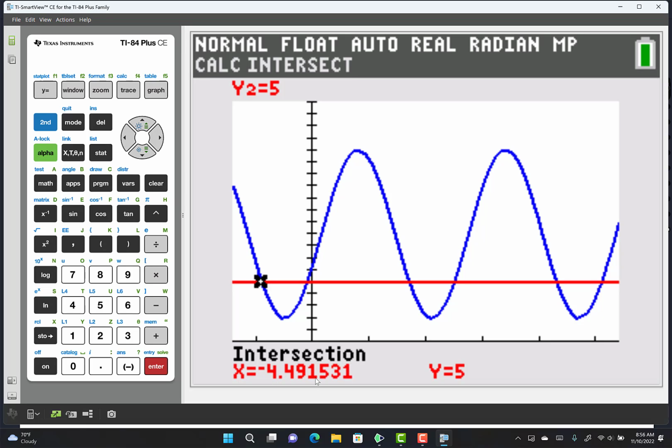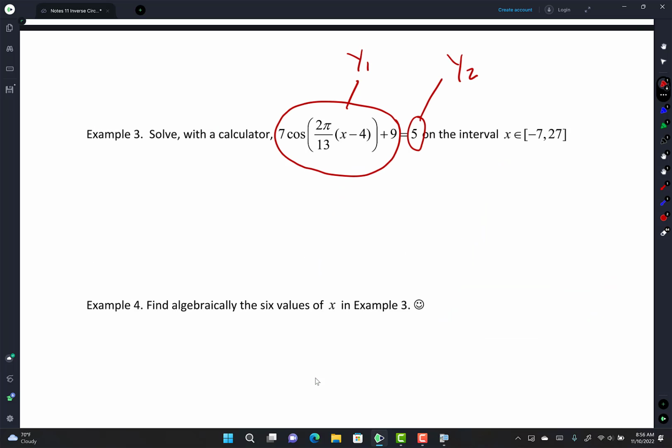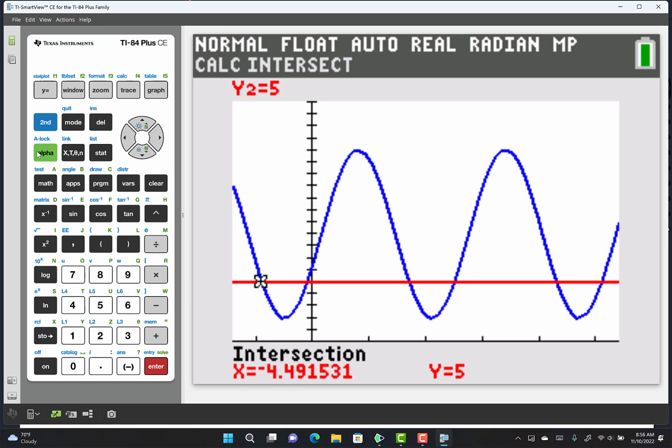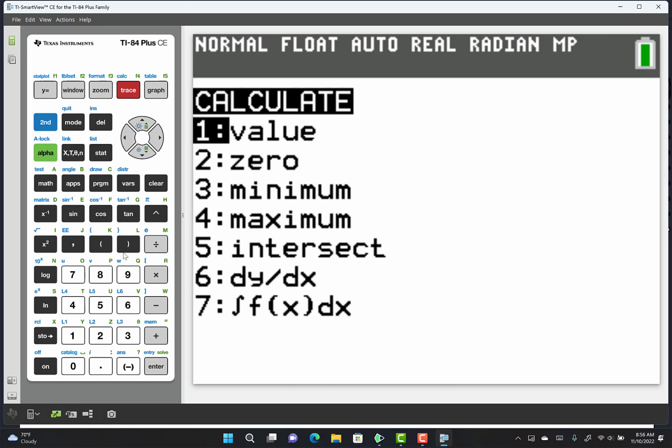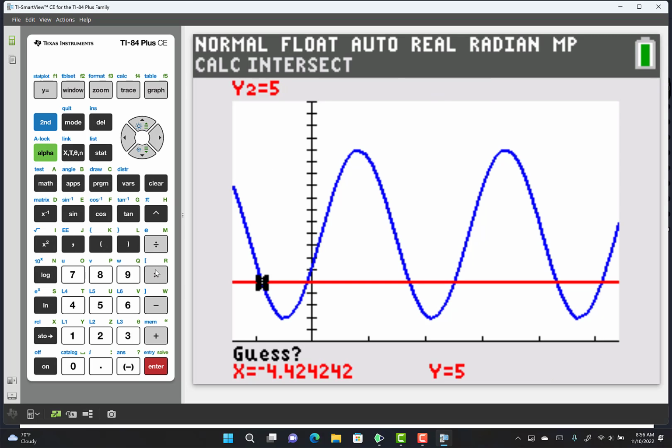Negative 4.492, is that what you guys got? Perfect. X equals negative 4.492, comma. Now get the other one. I'm going to do it again. Second calculate, number 5, enter, enter, and then scroll over to the second one and push enter.